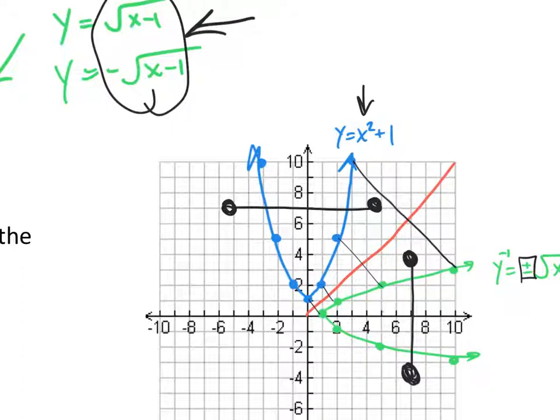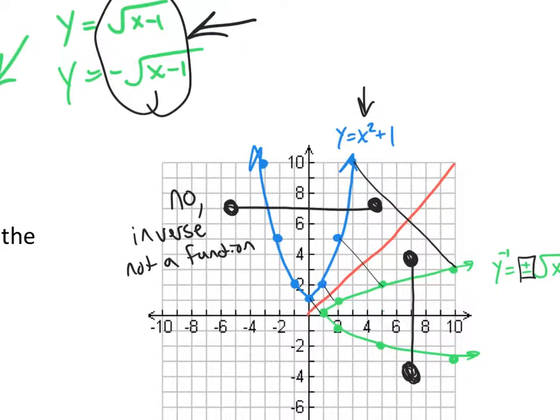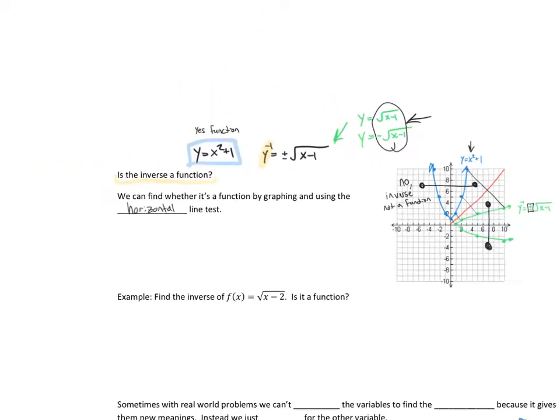The horizontal line test says no, the inverse is not a function. So just some things to think about. This portion of the video was just to help us understand visually what inverses look like. They're reflected across the line y is equal to x.